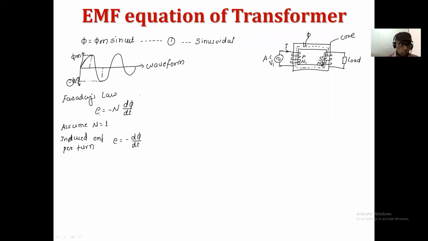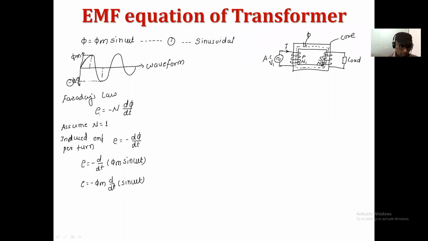According to equation number 1, we can write e is equal to minus d by dt of this phi. I can replace it with phi m sin omega t. Is it right? If you check, in this phi m sin omega t, phi m is the maximum flux, which is constant. So I can write minus phi m d by dt of sin omega t.